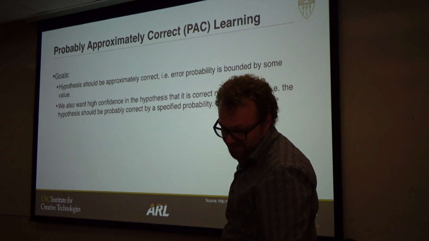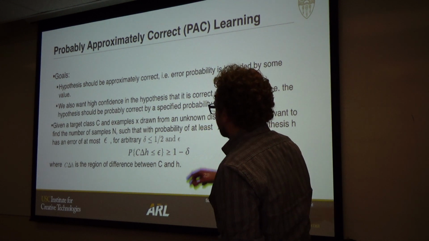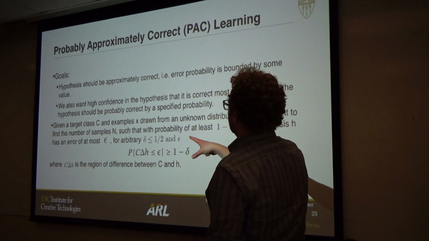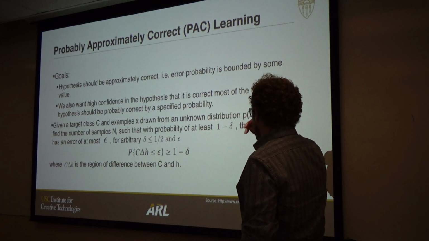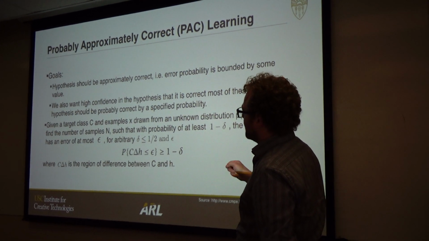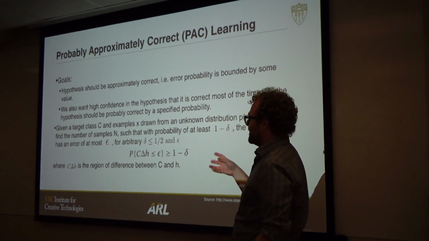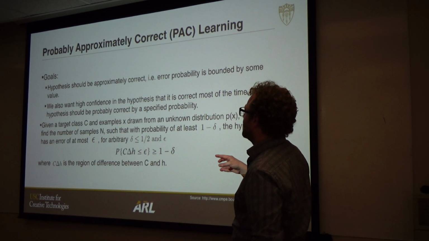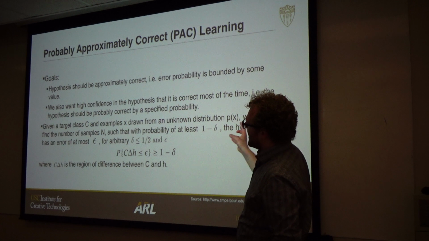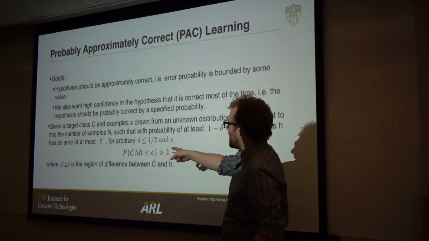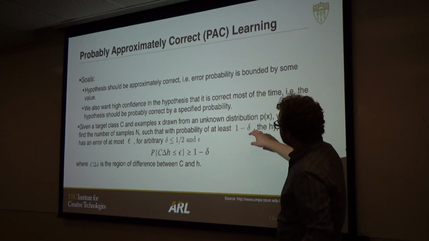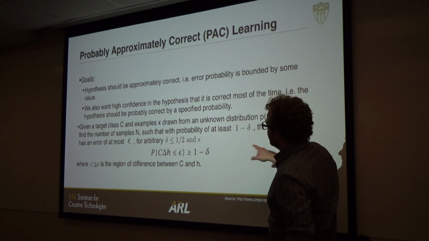Okay, so let's put this into numbers and a mathematical framework. Given the target class C and examples x drawn from an unknown distribution P of x, we want to find the number of samples that we need, such that with probability of at least 1 minus delta, the hypothesis H has an error of at most epsilon, for arbitrary deltas and epsilons. So this part here is delta, and the epsilon part is this.